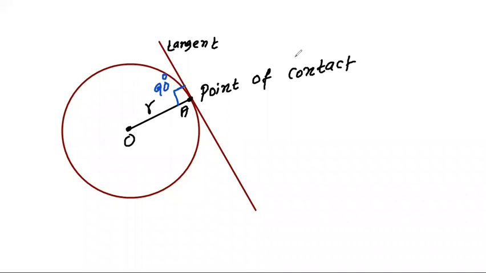I repeat the concept again. What's the point? There is a tangent. That tangent is passing through point of contact A. Through that point of contact A, I have drawn one radius OA, which is denoted by R. I can tell you that the angle between tangent and radius through point of contact will always be equal to 90 degrees.